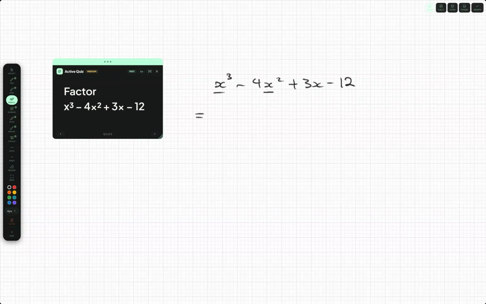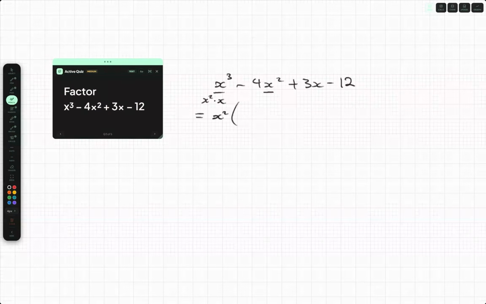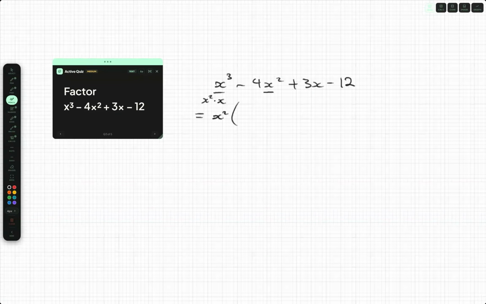And you can think about x cubed as x squared multiplied by another x. So they both have the potential to factor out the x squared. Factoring out the x squared, we end up with x cubed divided by x squared, that's just going to be x, and negative 4x squared divided by x squared is going to be negative 4.